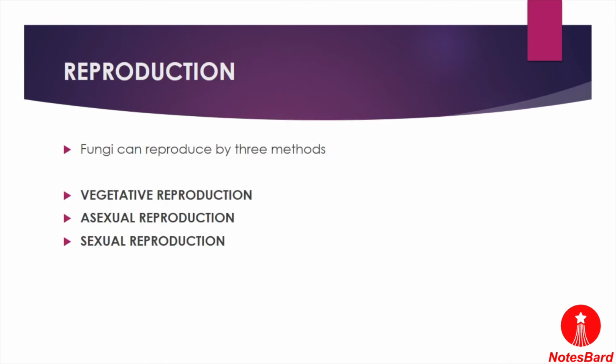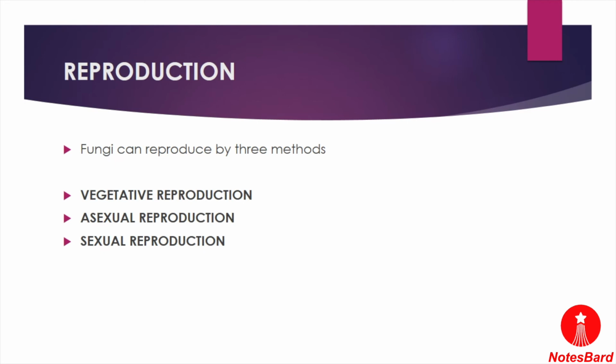Now let's understand the modes of reproduction adopted by the fungal cell. Fungi can reproduce by three methods: vegetative reproduction, asexual reproduction or sexual reproduction. Vegetative reproduction includes several methods like budding, fission, which is called binary fission, and many other methods of fission, and also fragmentation.